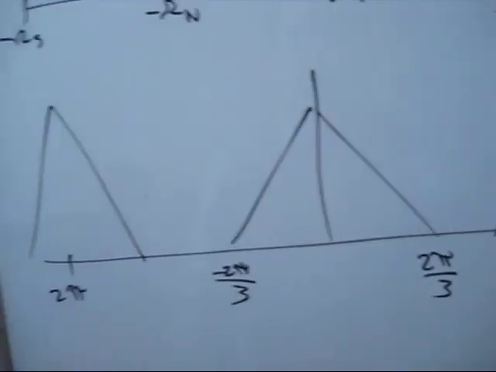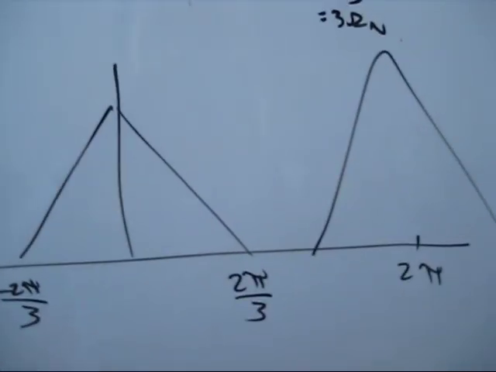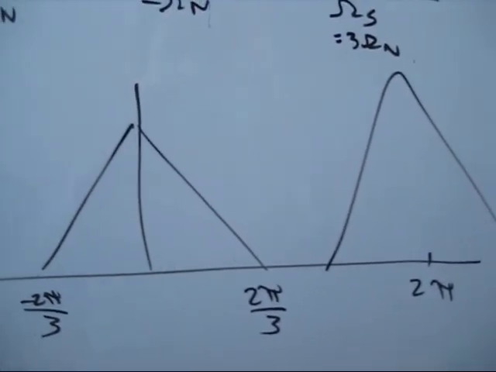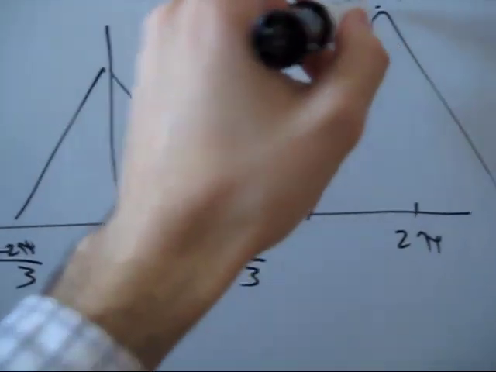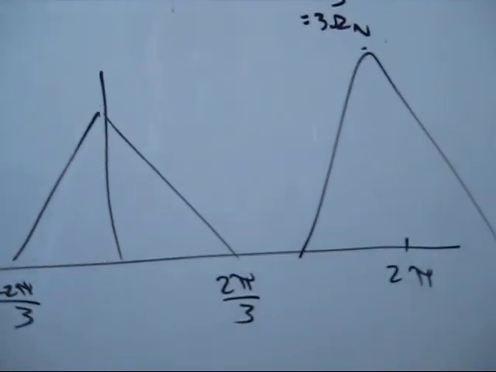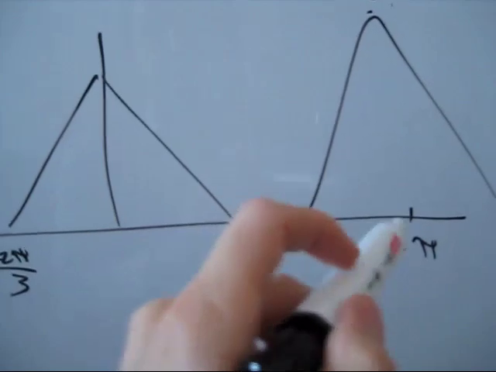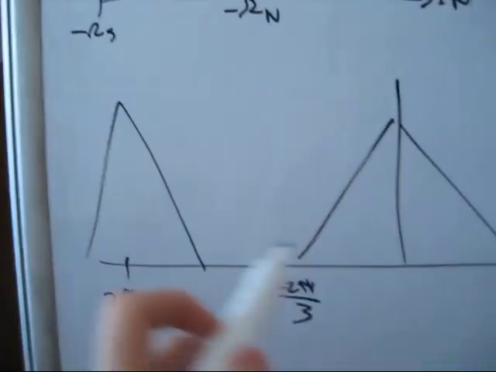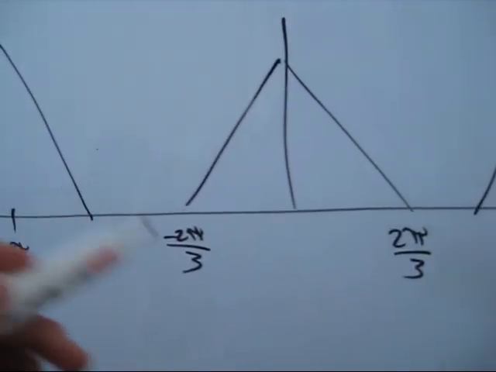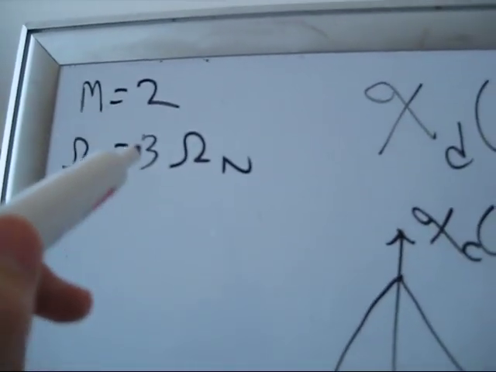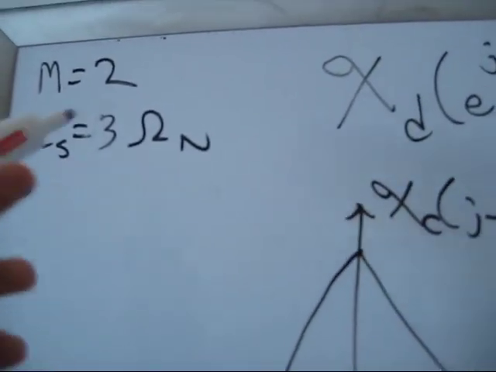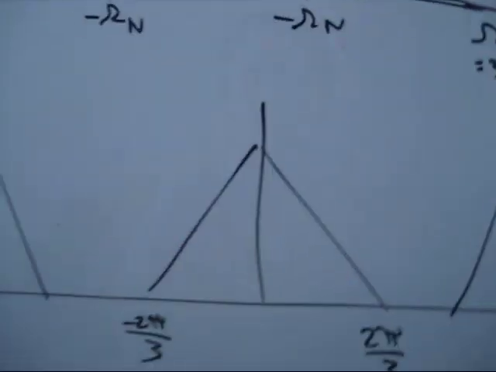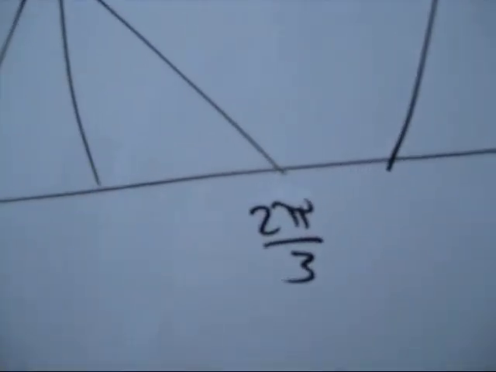So you have something along those lines. Of course the heights are all supposed to be the same. Anyways, when you look at this originally, you go, oh look, no aliasing, beautiful. But that's of course because the original signal was sampled at 3 times, which is, well, 3 is greater than 2.